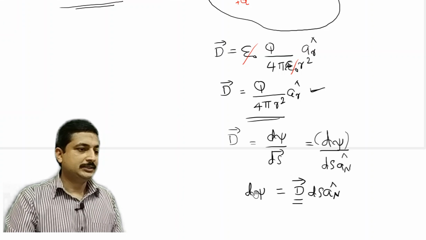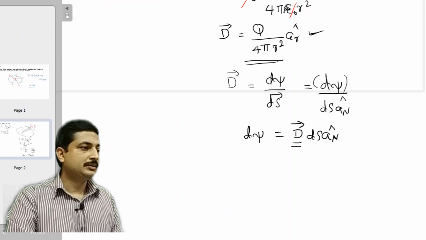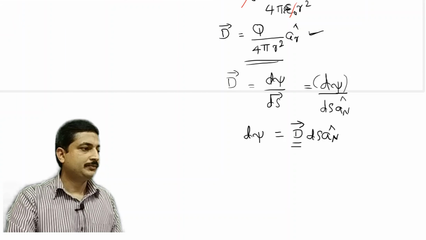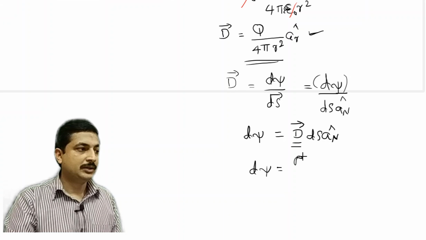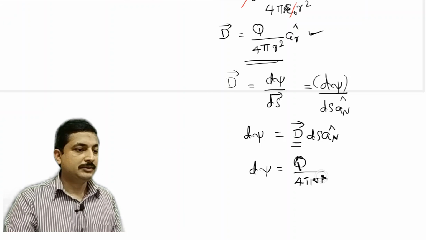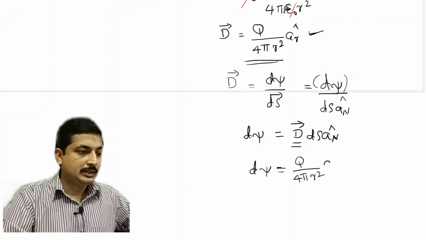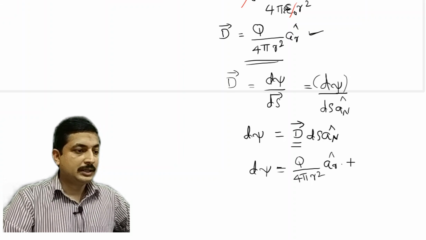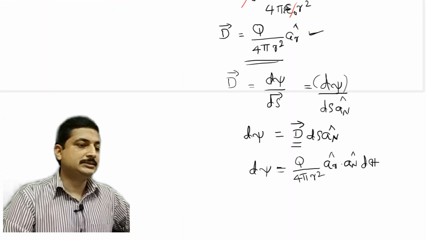If you substitute that, what we get is d psi is equal to Q divided by 4 pi r square A R cap, dot A N cap ds, because I can write ds A N cap as A N cap ds also.